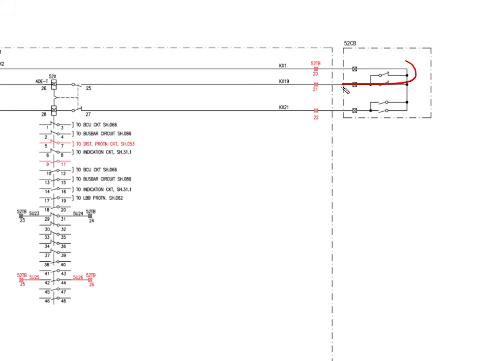So when the breaker is in the off condition, the relay is not operated. So this contact is closed, and so positive is extended here. Okay, so we'll note down this TB number 52 TB 20 and 52 TB 21 for breaker off condition.